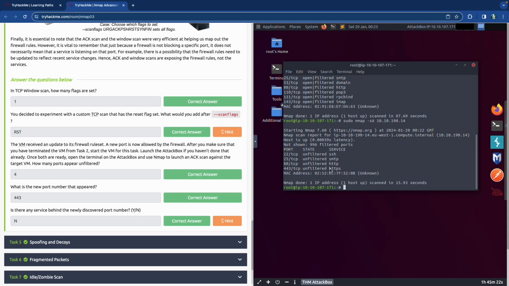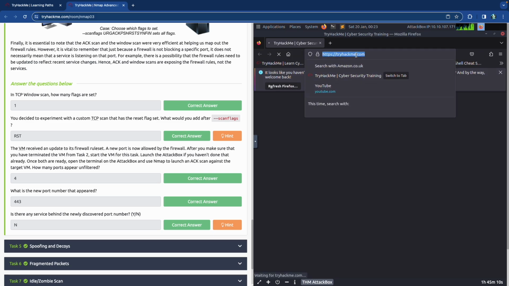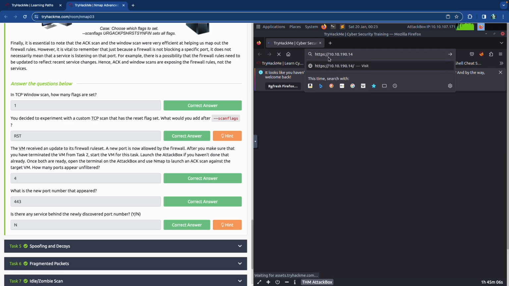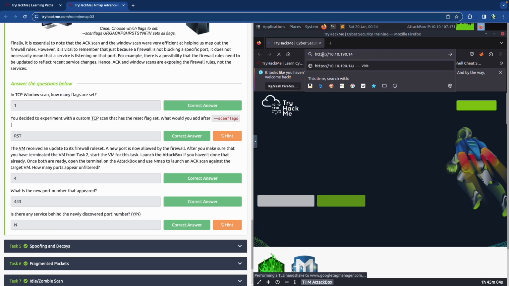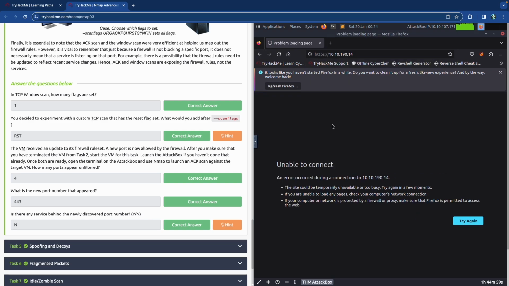Because it does say HTTPS right here, if we try to go to that port, which would be port 443, right? So https:// the IP address would take us to 443. If it was HTTP without the S at the end of it, it would take us to port 80, but we're going to port 443, and if we run it, there's nothing over here.